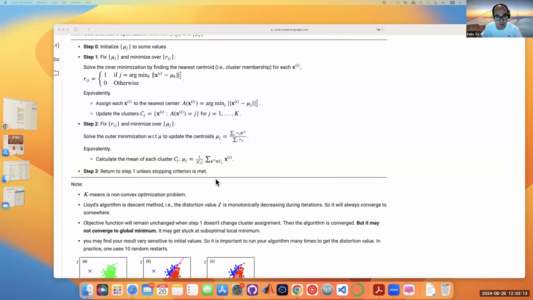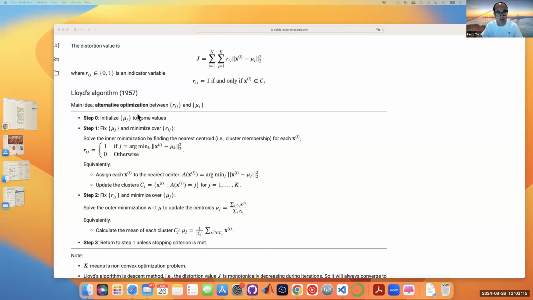Of course, here we just assume that mu j at step 0 is chosen randomly. In the next lecture, we're going to talk about methods that try to choose the initial condition relatively smartly.